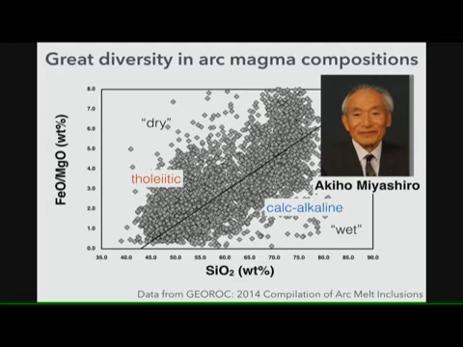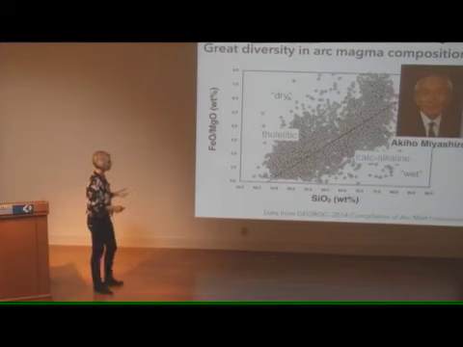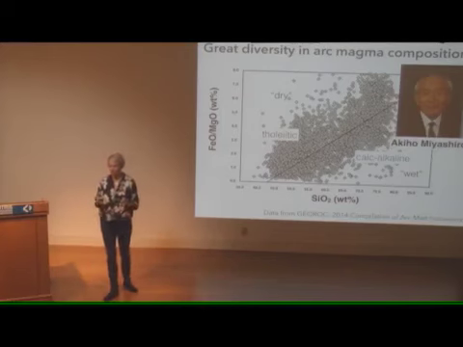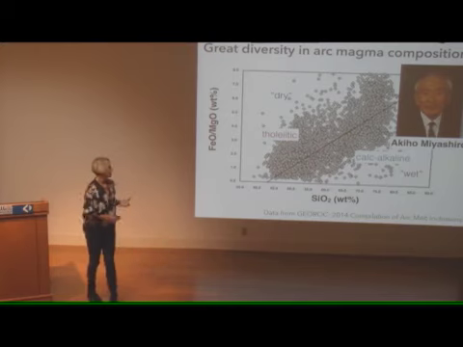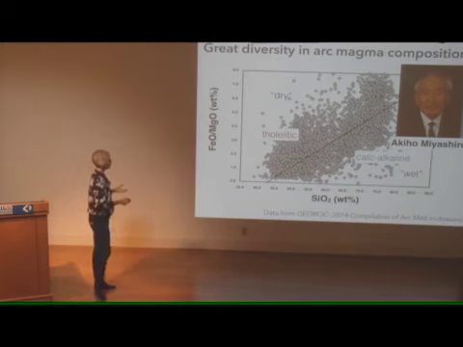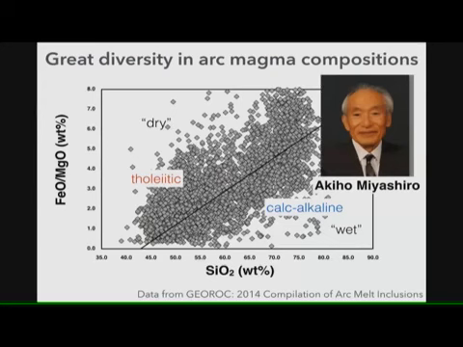And so I put here in quotes what's become the canonical way of thinking about this diagram: those that are in the calc-alkaline field are ones which have had some water involved in their genesis, and dry tholeiitic magmas are ones that tend to be drier. We'll talk about the nuances of this view today and how much it holds up, but this is a classic way of looking at this diversity.